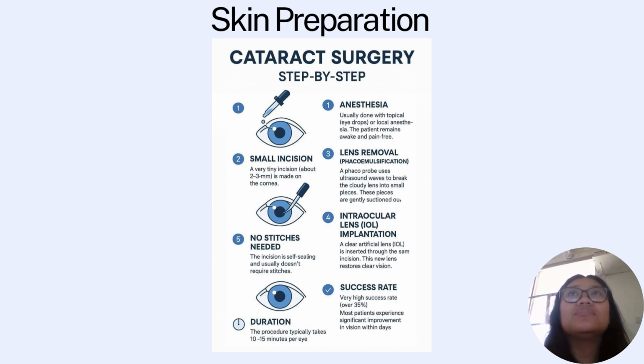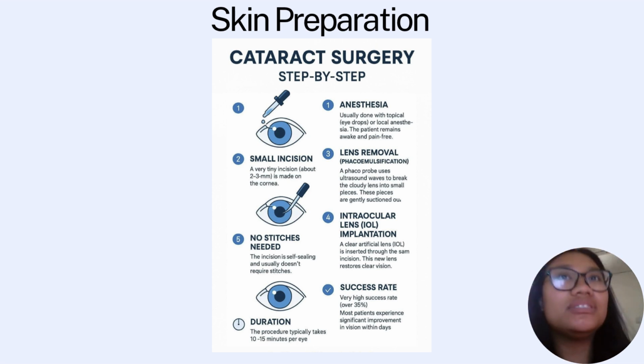And then topical iodine was applied on the patient's face, the part above the eye and then under the eye. It is started from inner to outer. Then I also put here the cataract surgery step by step.